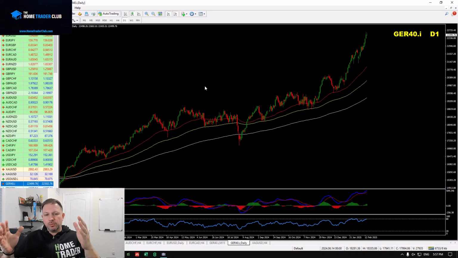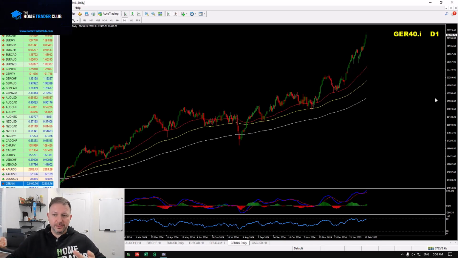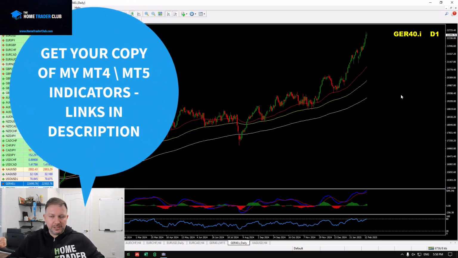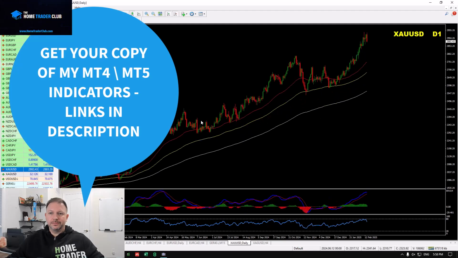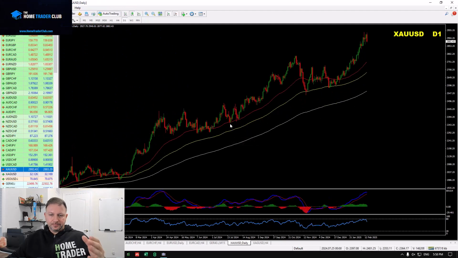So the moving average, once again, is an absolutely phenomenal indicator if used correctly, like any other indicator, because you know what they say, the trend is your friend, and it's absolutely correct. The problem is these trends, like you see here on the DAX, for example, now, or the gold, are not very popular and very common.